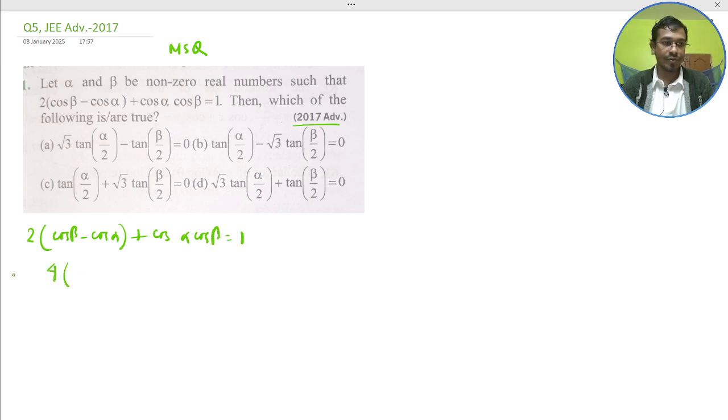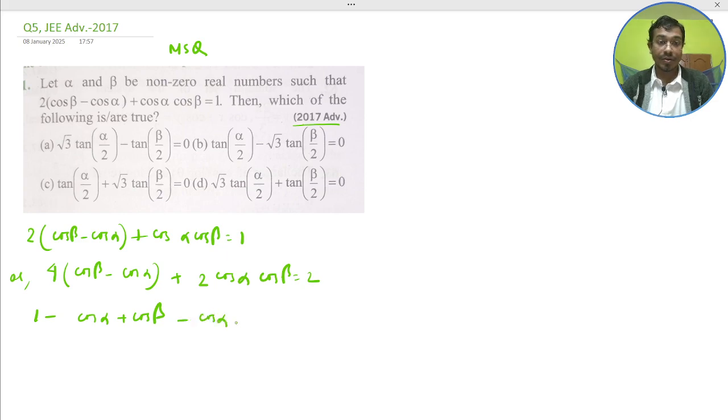So here cos beta minus cos alpha plus cos alpha cos beta equal to 1 is given. Just multiply by 2 for the formula. So this would be 1 minus cos alpha plus cos beta minus cos alpha cos beta equal to 3 plus 3 cos alpha minus 3 cos beta minus 3 cos alpha cos beta.